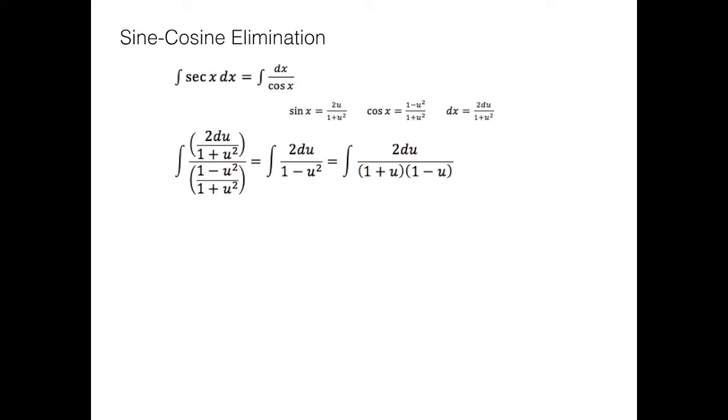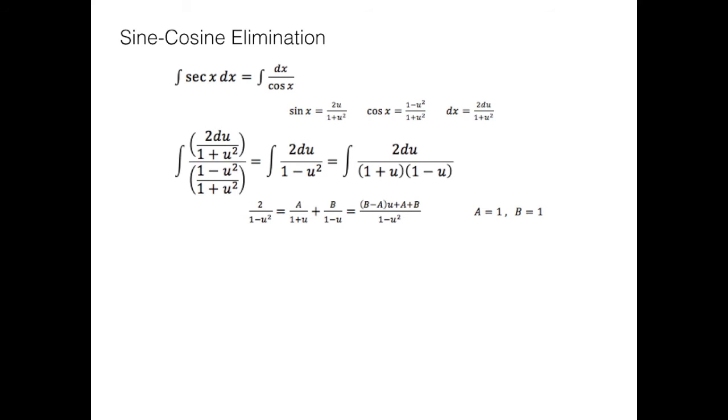Now again, there are multiple ways of solving this integration, but for the sake of seeing how this approach will turn out, let's just continue with this approach. So at this point, we can use partial fractions. If we look at just the integrand isolated, we see 2 over 1 minus u squared, which we can set equal to A over the first root, 1 plus u, plus B over the second root, 1 minus u.